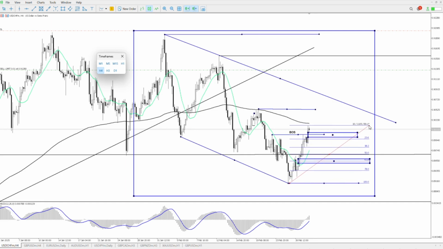Now, the aim of this Fibonacci retracement is that whenever I have a fair value gap that sits just close to the 61.8% Fibonacci level, that's a golden point.